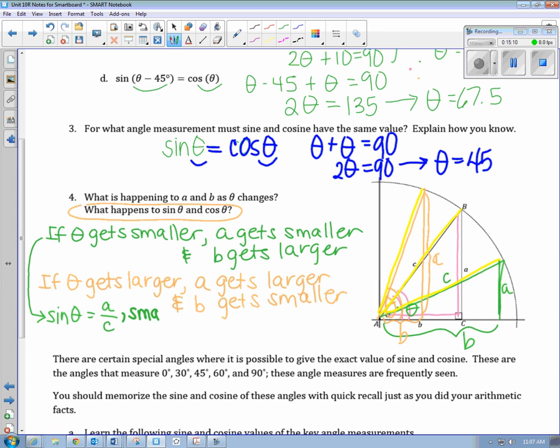If I look at cosine under the green triangle, and I see that cosine is adjacent side of B over hypotenuse of C, and B is getting larger compared to the pink one while C stays the same, it means that the cosine value will get larger.